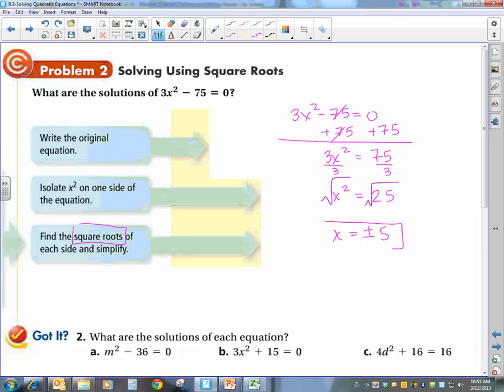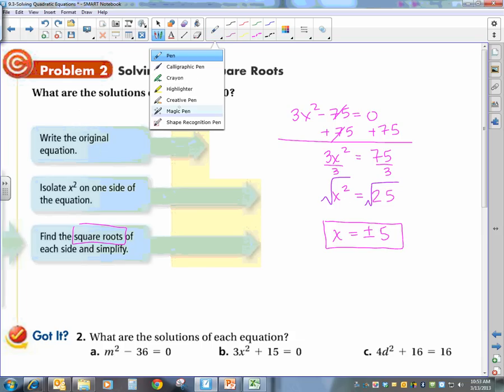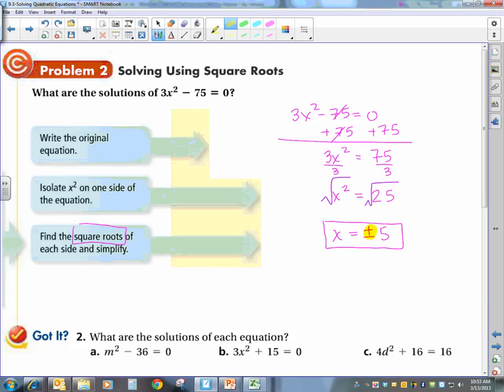And of course, negative 5 times negative 5 gives you 25 as well. So whenever you take the square root, it's always very, very important that you remember to put your plus or minus. And you can see from any related graph, if you did go and graph that equation, you would find out the same thing, that it will cross at positive and negative 5.